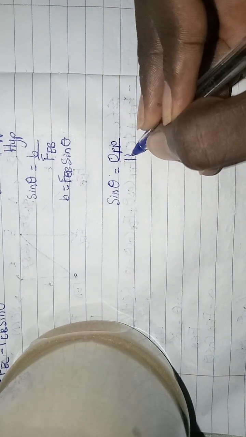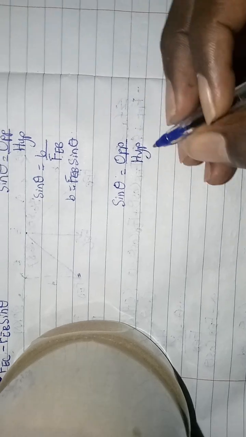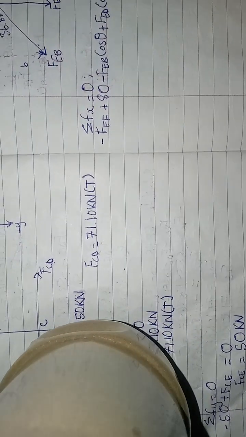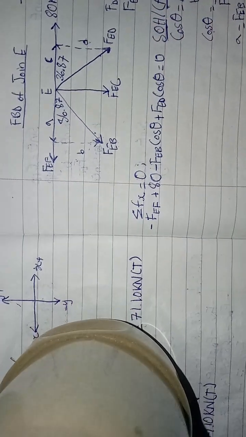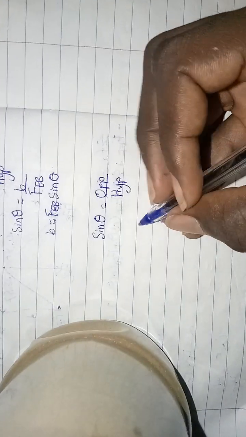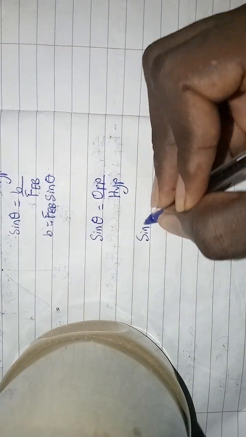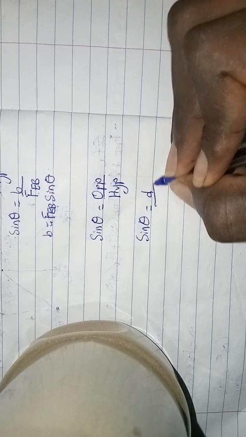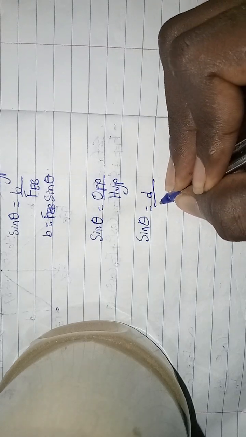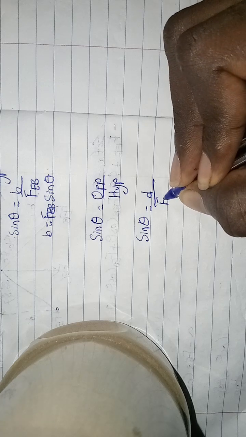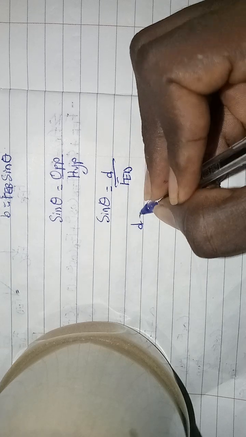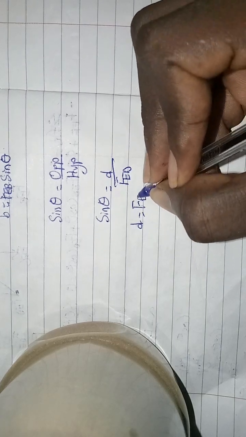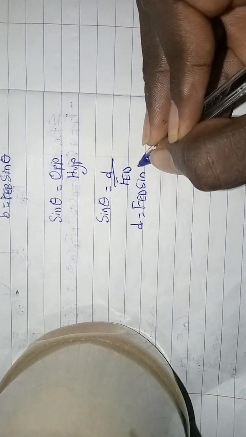The opposite is D, and the hypotenuse is force ED. So let's make D the subject: D will be equal to force ED sine theta.